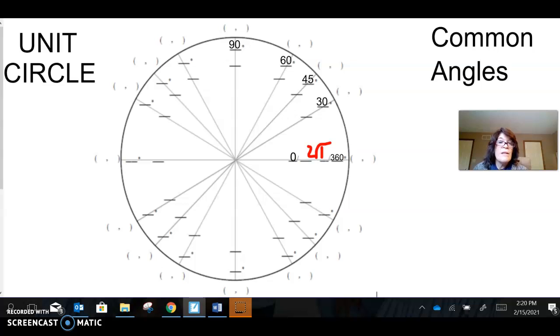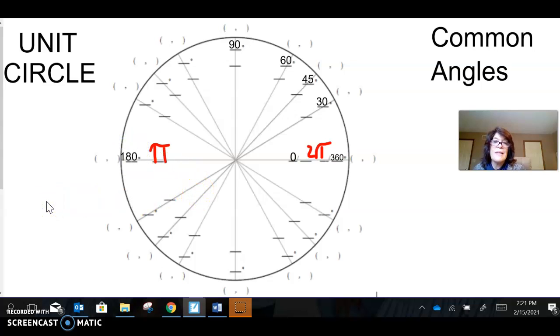If 2 pi is the whole way around, halfway around is half of 2 pi, which would be pi. And we know that as 180 degrees. So 180 degrees is the same as pi radians.